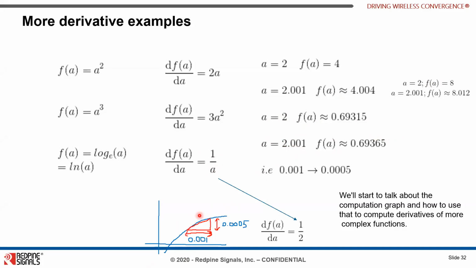So at 2.001, from 2 to 2.001, the function fA moved from 0.69315 to 0.69365. What is the increase in this function? If you subtract 0.69315 from 0.69365, this is 0.0005. Then this is the ratio, 0.0005 by 0.001. That will be the slope.